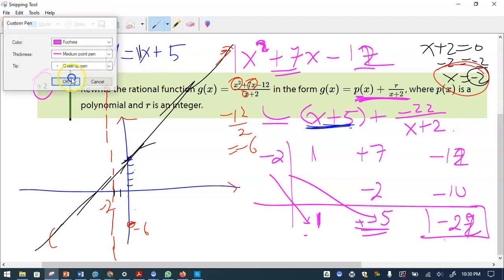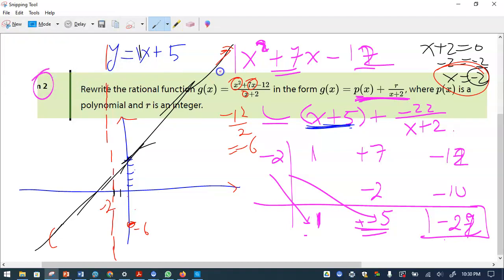As x becomes very large, the output goes to plus infinity. So the graph goes this way, then crosses here and goes this way, and the other branch will be something like this.